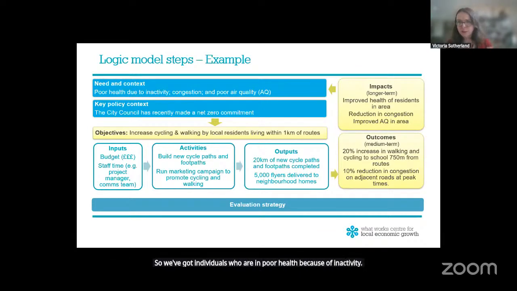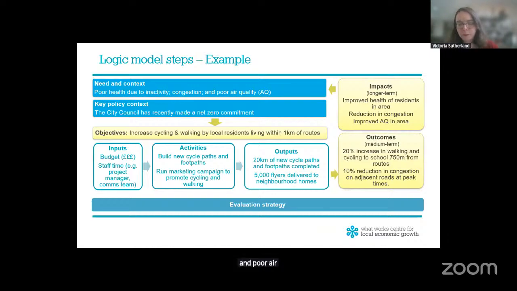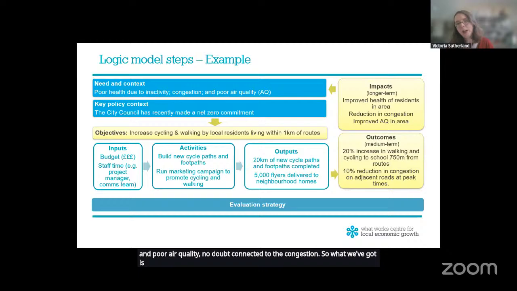So what we mean by that is physical inactivity as opposed to economic inactivity. We know that the area also struggles with congestion and poor air quality, and no doubt connected to the congestion. So what we've got is a range of different issues that are facing our area.